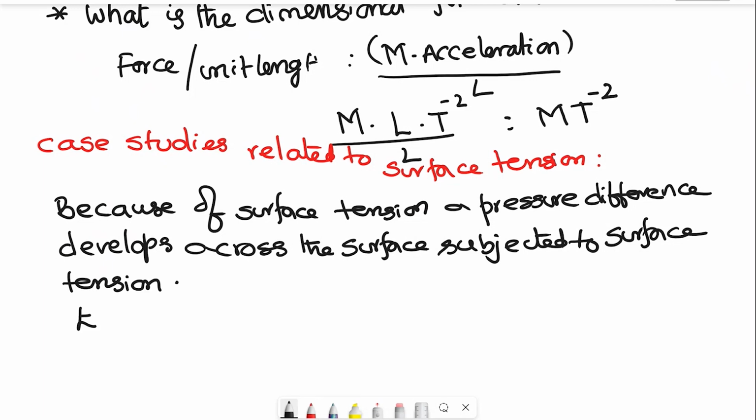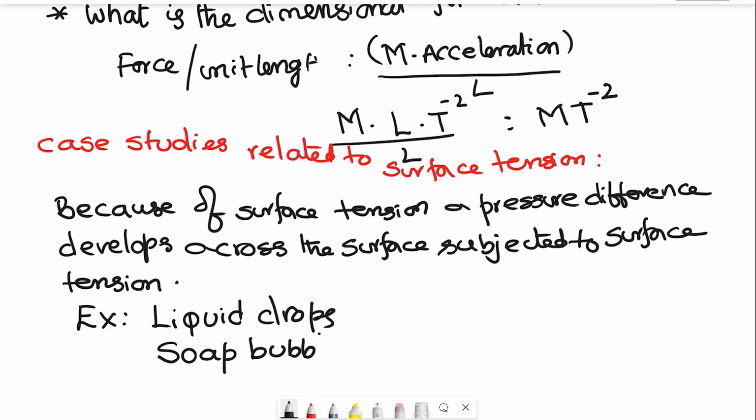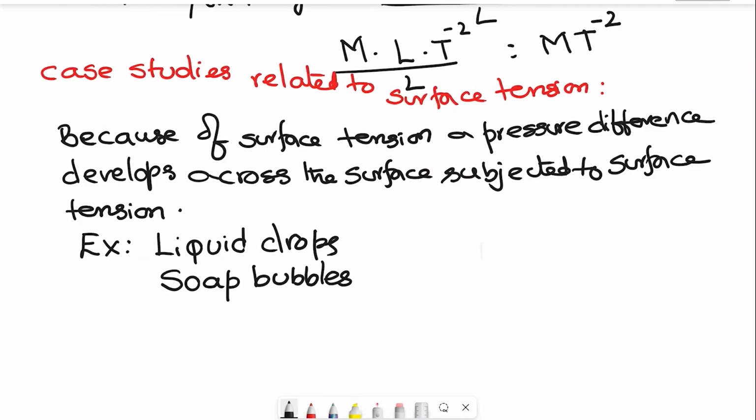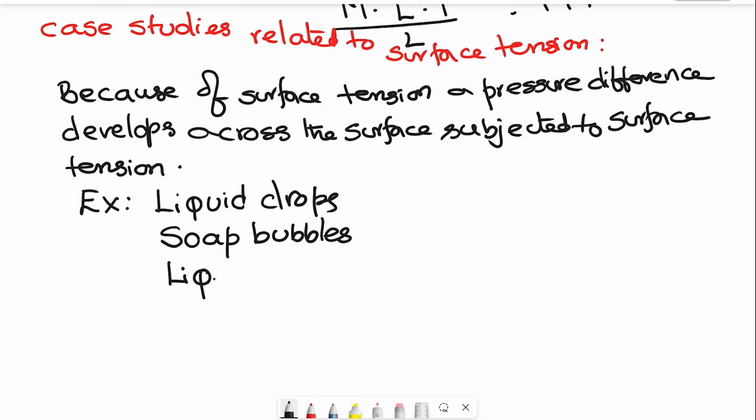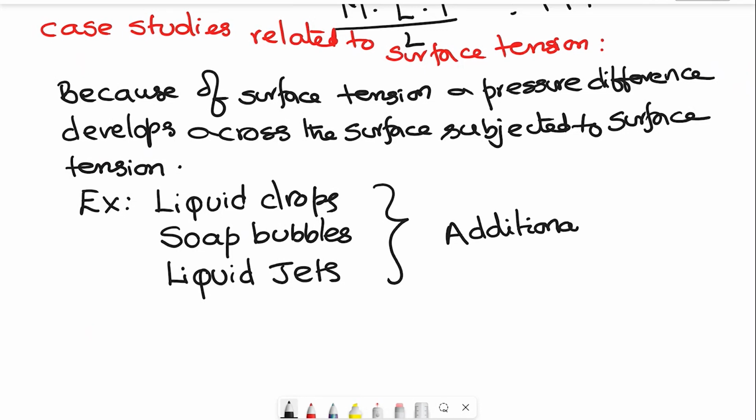What are the examples of it? Liquid drops, soap bubbles, liquid jets. So now we need to calculate the additional pressure due to surface tension.